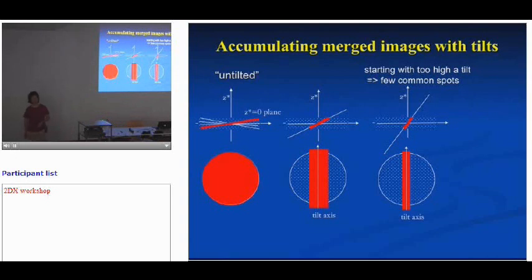Now, one very important thing is not to start off with very high tilt. This is very obvious from what we have been trying to do here. We've been using the available information from the last merging to find the origin of the image that has tilt and data outside the range of Z star that we already have.